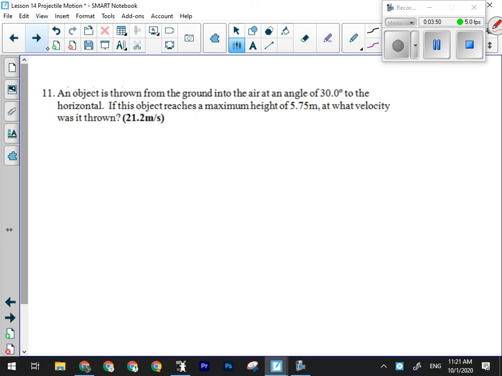We have this object thrown from the ground into the air at a 30-degree angle. The object reaches a maximum height of 5.75 meters. What else do I know at this 5.75 meters? VF, yeah.